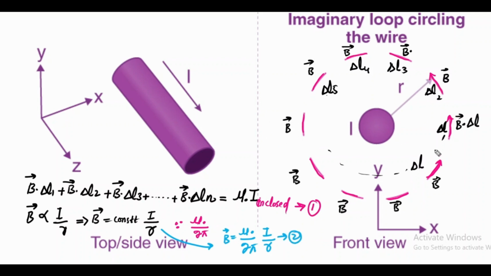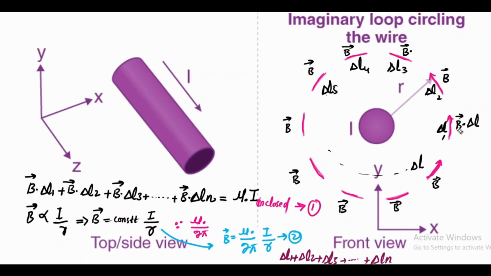If we add del L1, del L2, del L3, del L4, del L5 up to del Ln, it will give us this circle, and the circumference of the circle is 2 pi r. So here I am going to write it: del L1 plus del L2 plus del L3 up to del Ln.